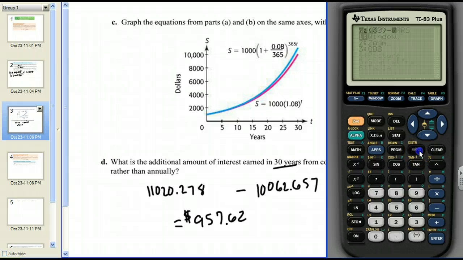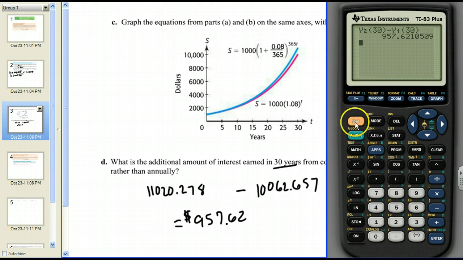Do it again, vars, y vars function, y1 this time, and put in 30. Y1 is where we have this function. So we're putting 30 into that function and 30 into this function. And there it goes, it cuts to the chase a little quicker.